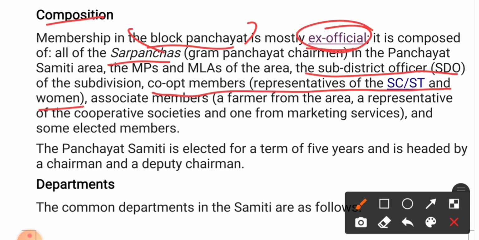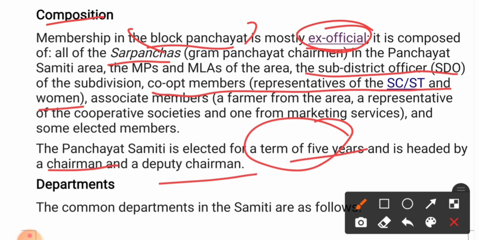The Panchayat Samiti is elected for a term of 5 years and is headed by a chairman and deputy chairman.